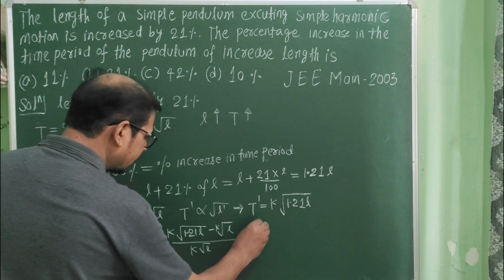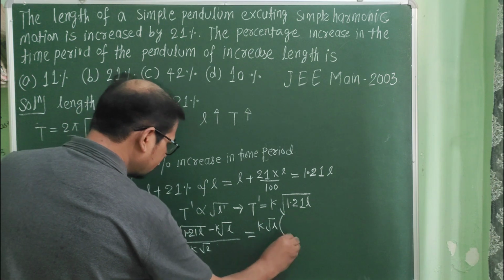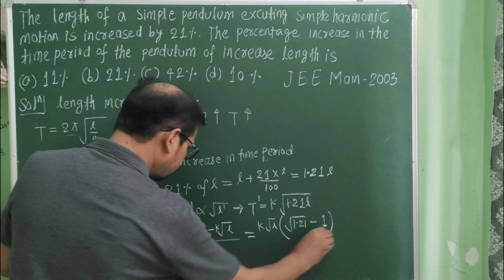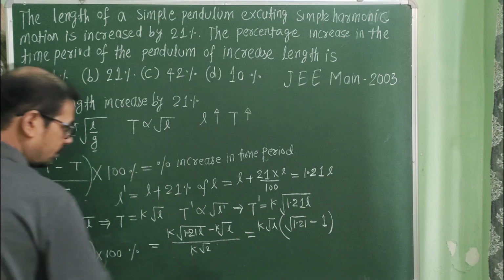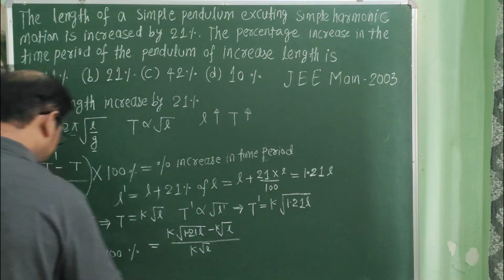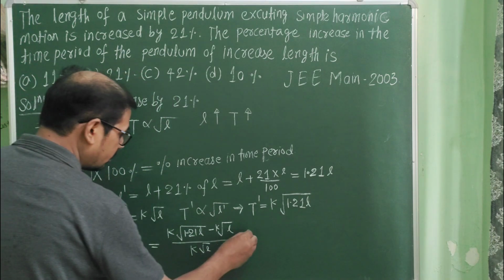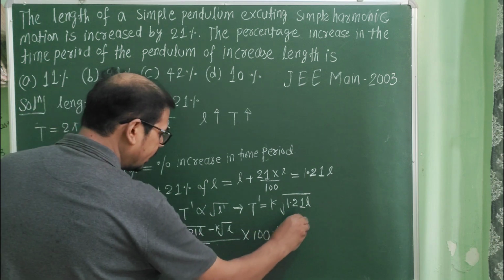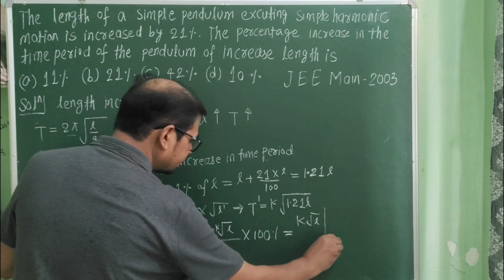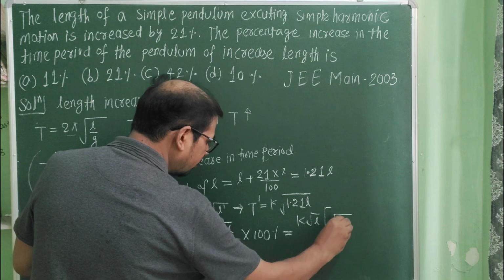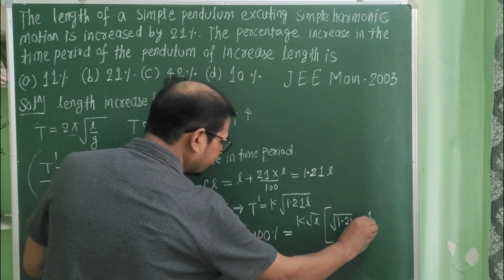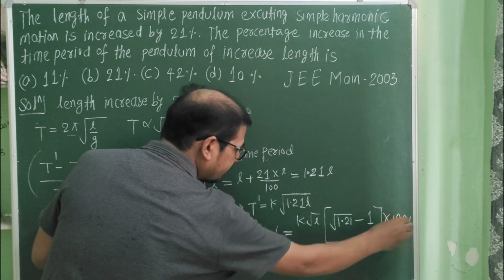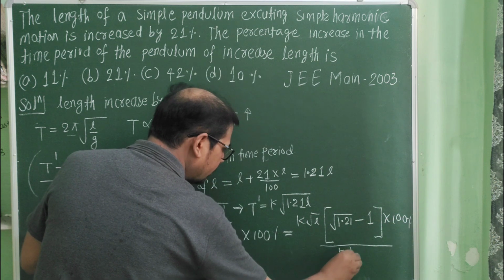We can write K root under L into root under 1.21 minus 1, into 100%, divided by K root under L.